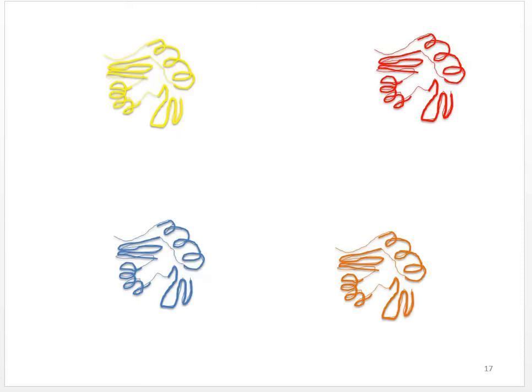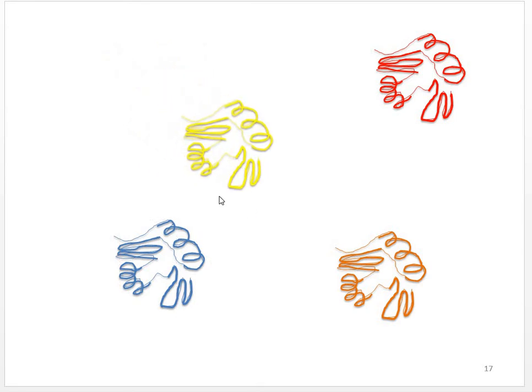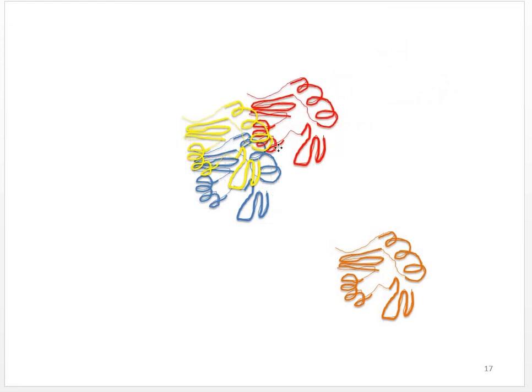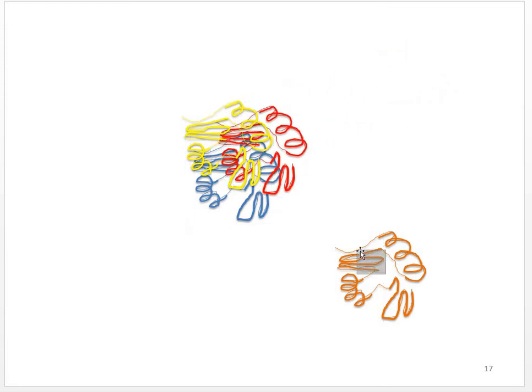Okay, now we are ready with the tertiary becoming quaternary. This is one tertiary protein. This is another tertiary protein. Now, if they come together into one new protein, now we are combining 4 different protein structures into one.